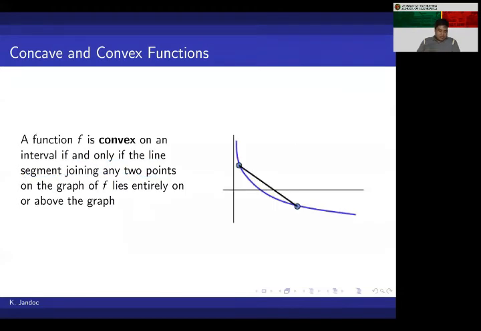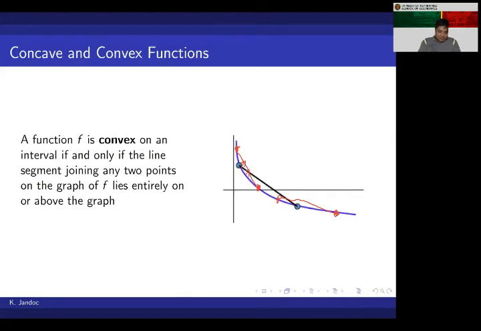On the other hand, a function is convex when you take 2 points and join them by a line segment, and you find that for all possible 2 points that you choose, this is one, this is another, pardon the line, it's not that straight, but you get the idea, all those line segments lie on or above the graph.